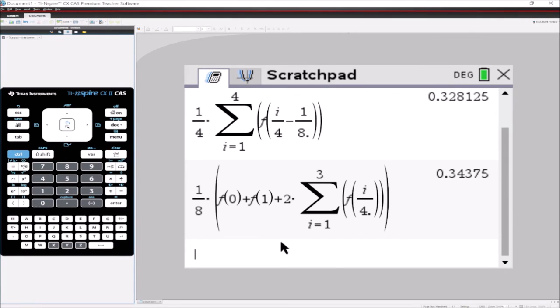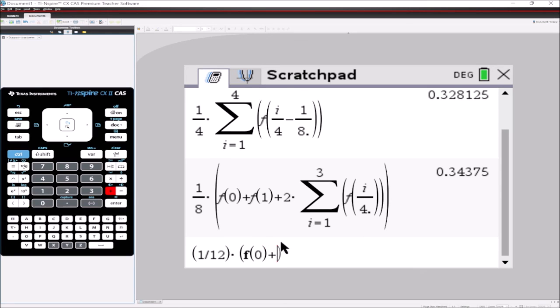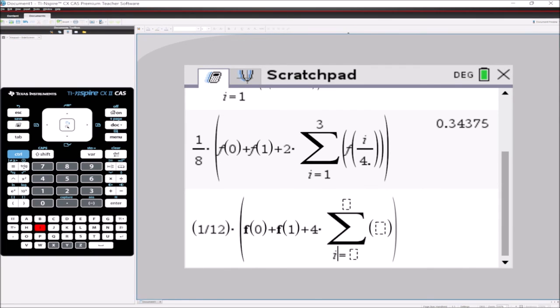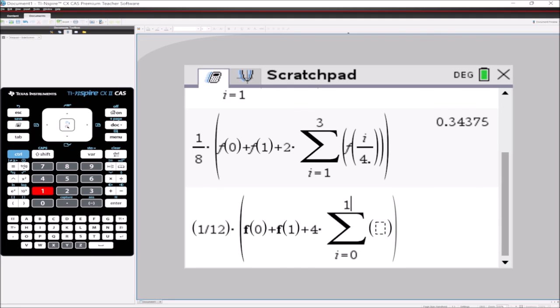Okay, so over at our calculator, let's go ahead and enter everything in. So we have 1/12 times f of 0 plus f of 1 plus now we have 4 times, we need menu, calculus, sum, i equals 0 to 1, f of 2 times i plus 1 over 4, plus now 2 times the sum of all the evens.